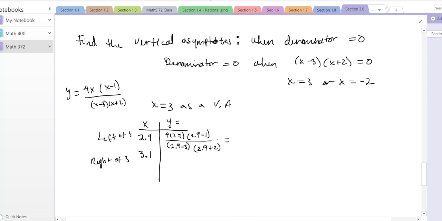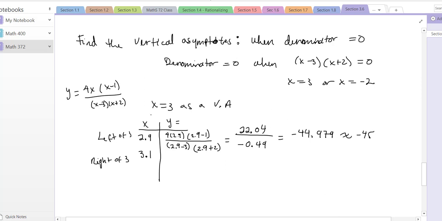So when you put it in a calculator, you get 22.04 in the numerator, and you get negative 0.49 in the denominator. So on your calculator, you're going to get negative 44.979, so about negative 45.